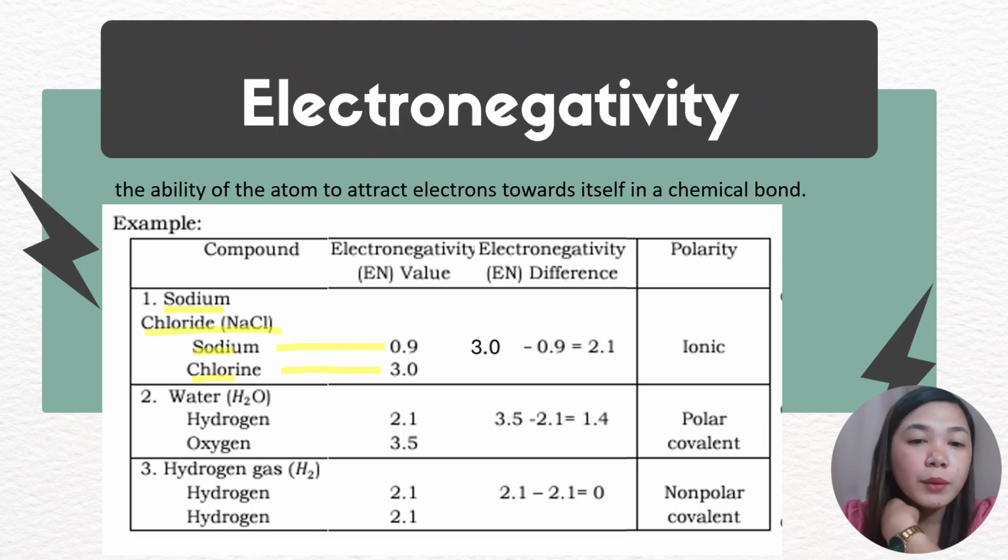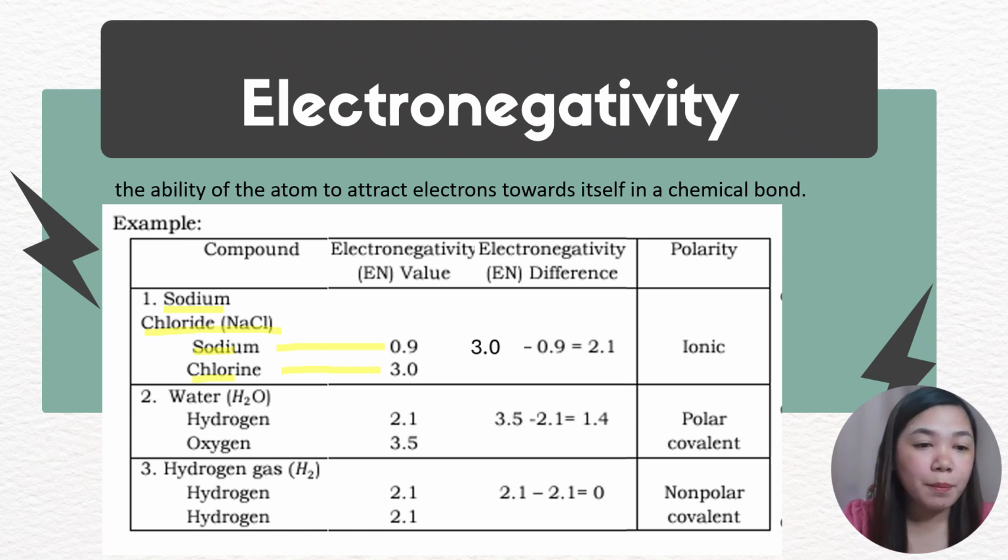So 3.0 minus 0.9 equals 2.1. As we go back to our table, the polarity level of this compound is ionic.